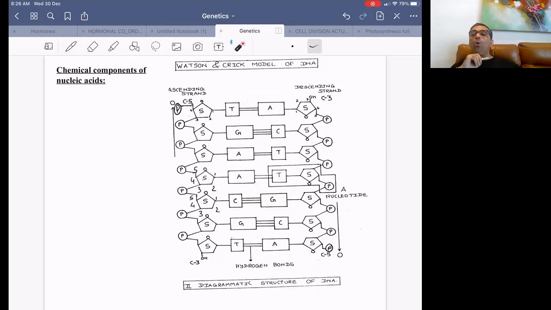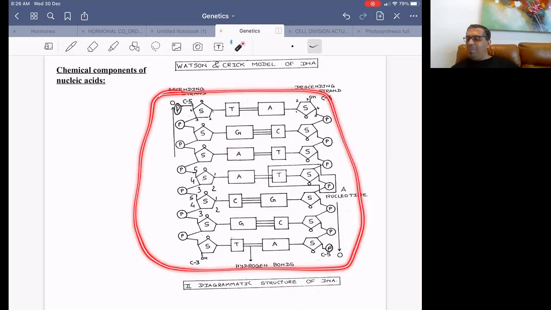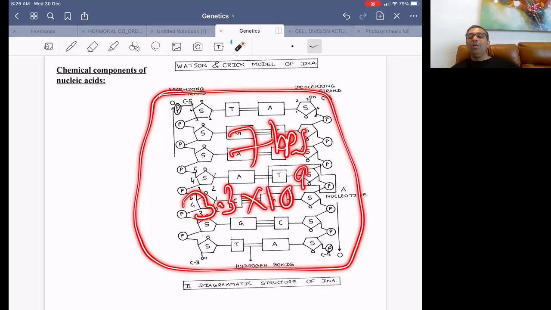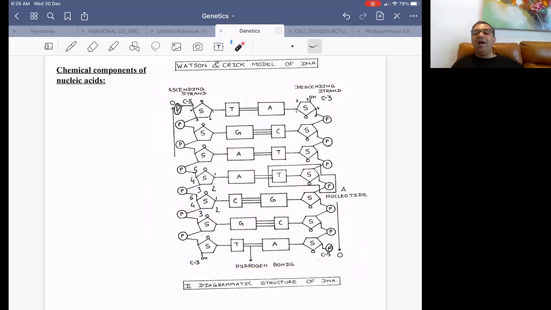That is how long your DNA molecule is. What we showed is only 7 base pairs. There are a total of 3.3 billion base pairs. We showed you only a microscopic part.